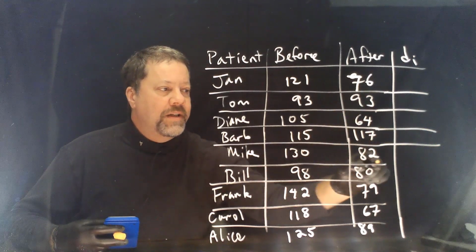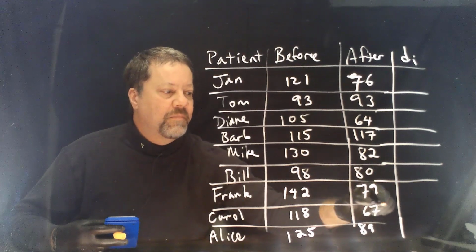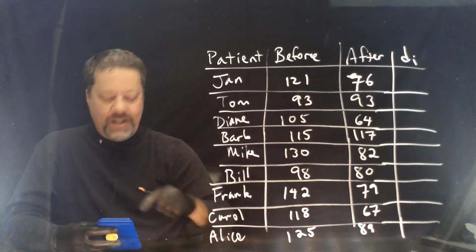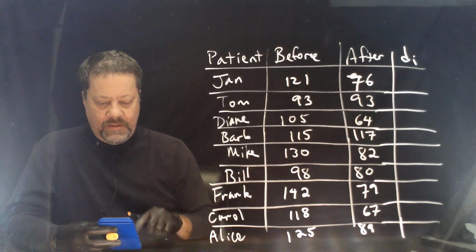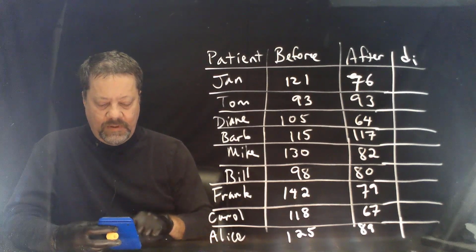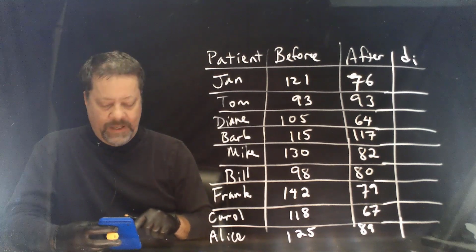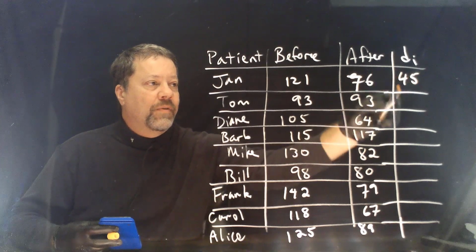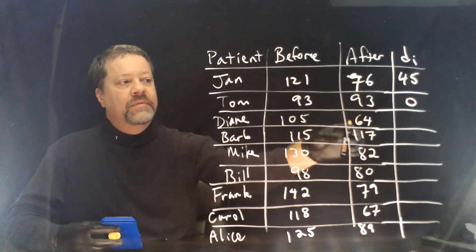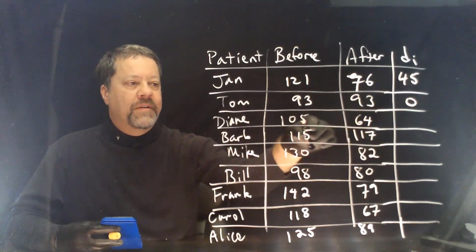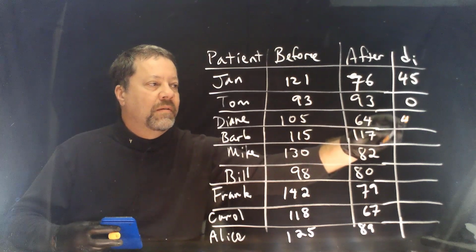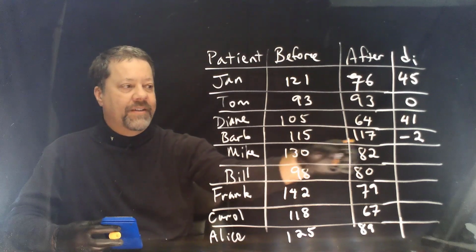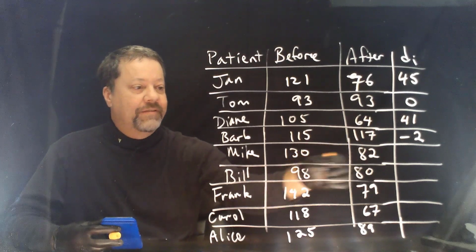We'll enter the differences manually into a list so that we can calculate the mean and standard deviation. 121 minus 76 is 45. 0. What is this one going to be? 41. Negative 2. Yep, if it's negative, you have to make it negative.